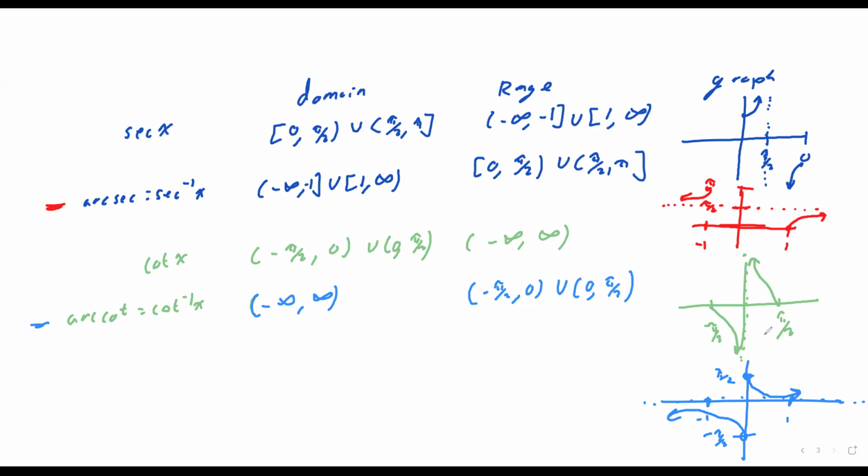What makes this different from the tangent one is over here, we actually do have a value at negative pi halves and at pi halves. So therefore, this will actually be more like this. They'll actually have these solid and dotted ends right there.